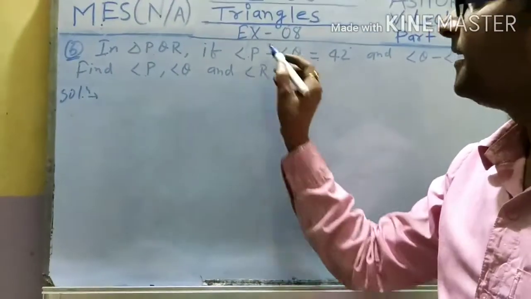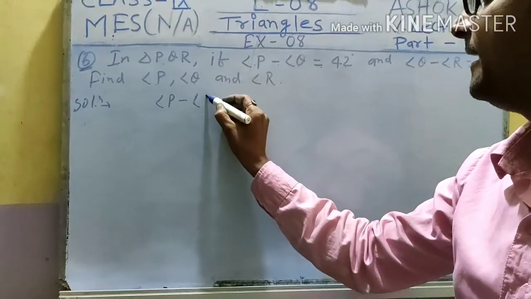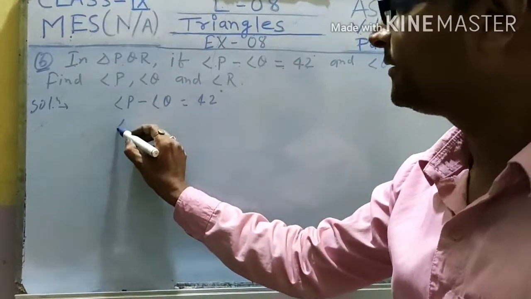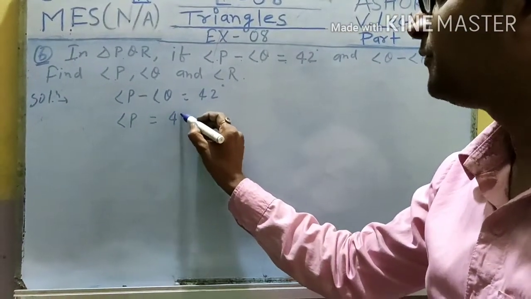Solution. Here, student, angle P minus angle Q is equal to 42 degrees. So what is the value of angle P? Angle P is equal to 42.